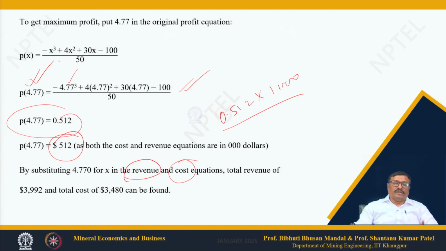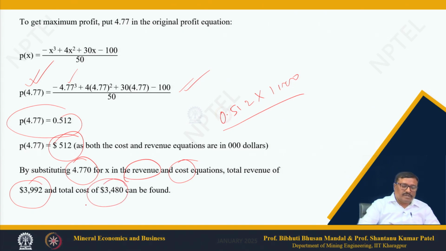If you want to find the total revenue and the total cost involved for 4770 units, you can just substitute them in the equation and you can get that. We find that the total revenue is $3,992, whereas the total cost was $3,480.